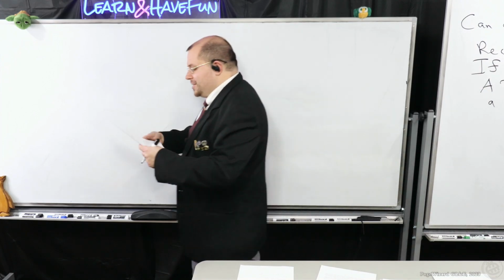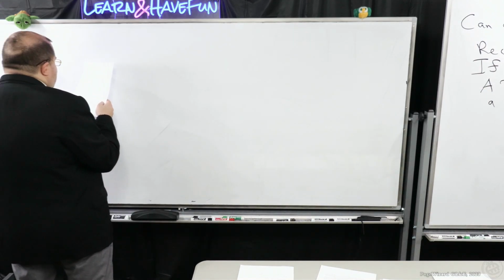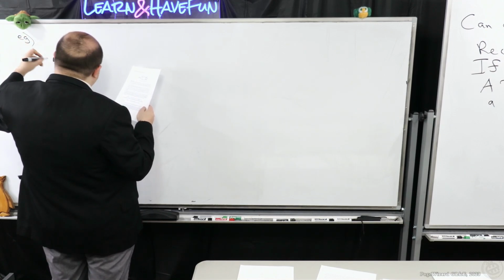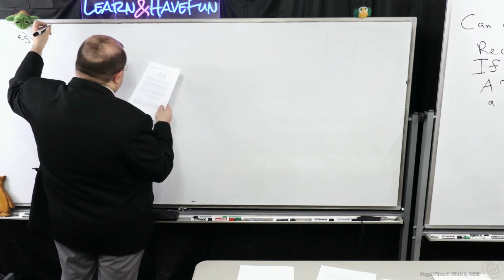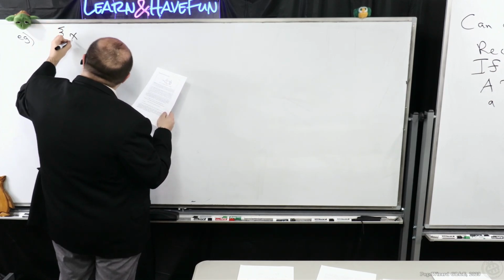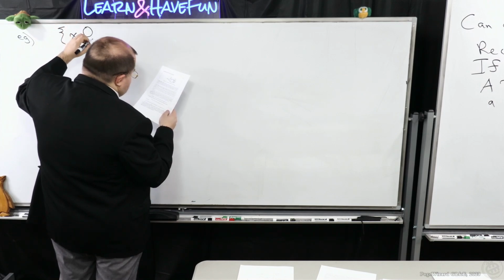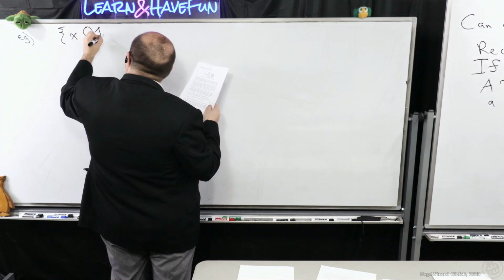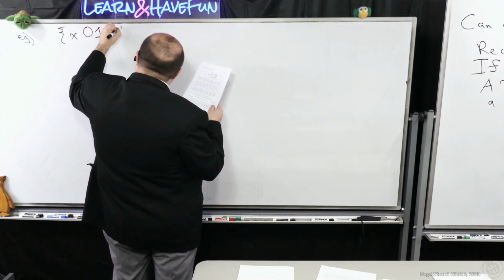So, just as an example, let's consider another language. We're going to try to design a DFA for a given language. Suppose I want to design a DFA that accepts strings of the following form.